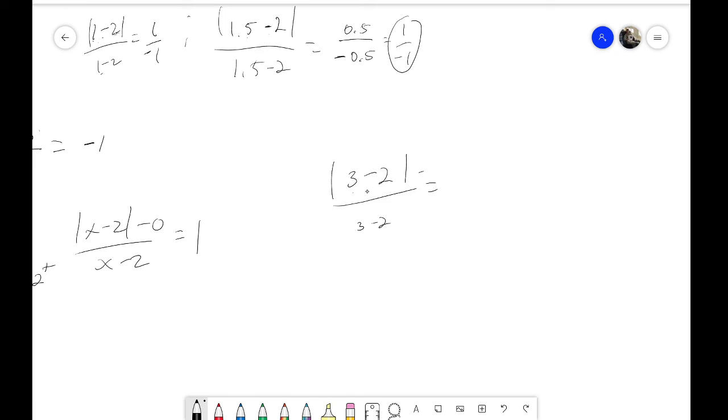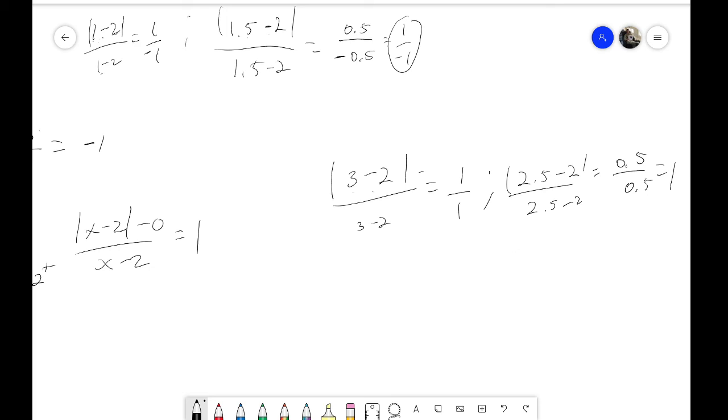Now 3 minus 2 is 1, so you get 1. If you try another value closer to 2, like 2.5, well, 2.5 minus 2 in absolute value is going to be 0.5 over 0.5. So that again is going to be equal to 1.